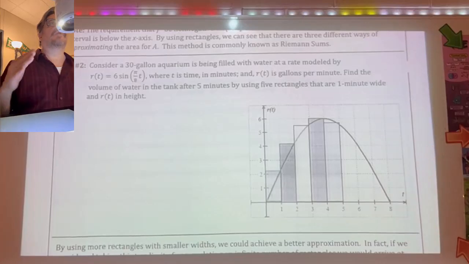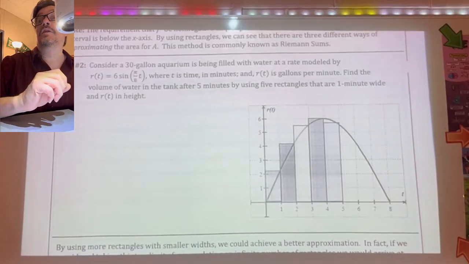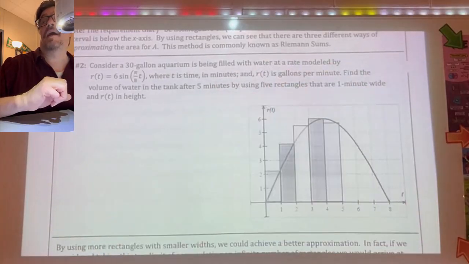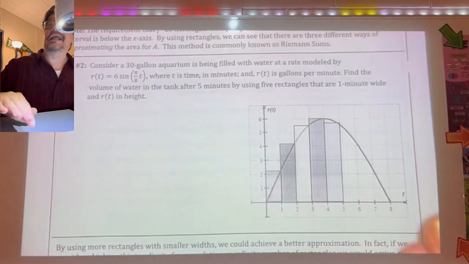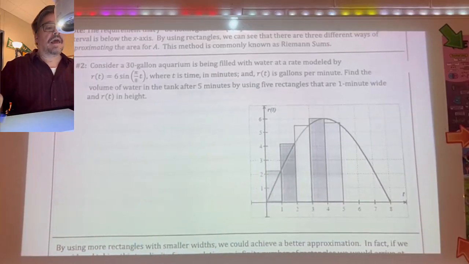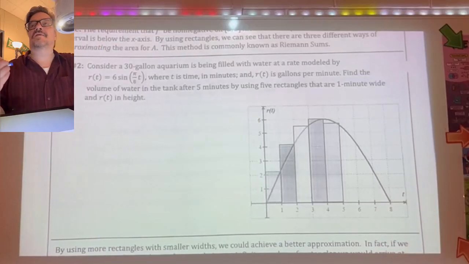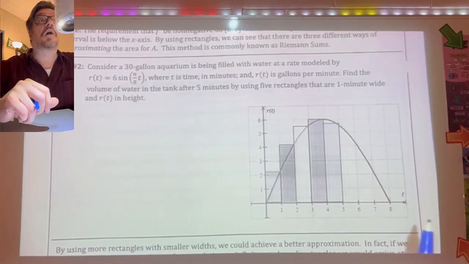Then Riemann basically figured out that we'll make the rectangles smaller and smaller. That's the whole idea behind integration, making very, very small rectangles underneath the curves. And what's cool is you start off with rectangles and they keep getting smaller to a point where they are infinitesimally small slivers.